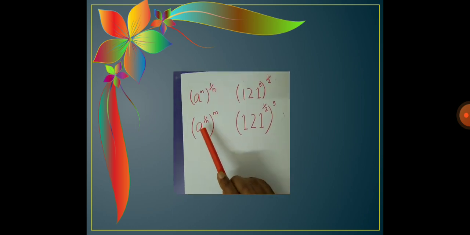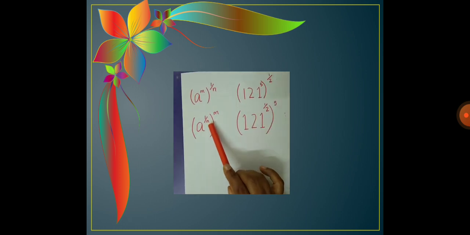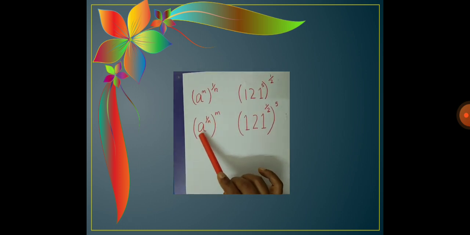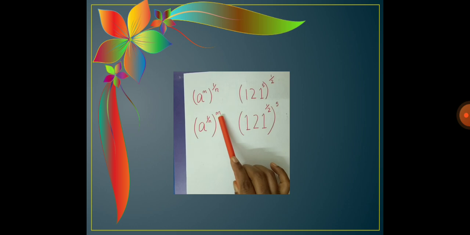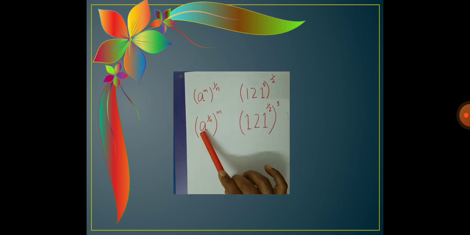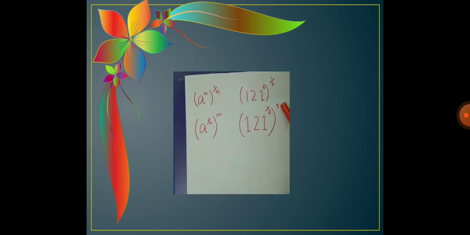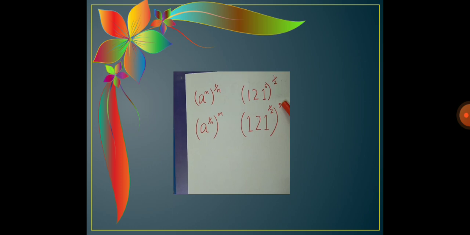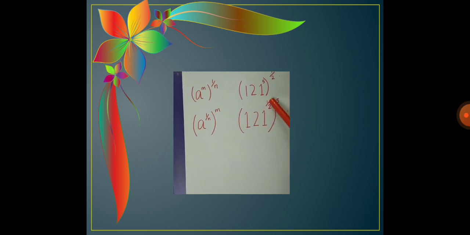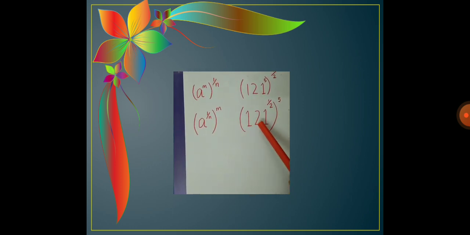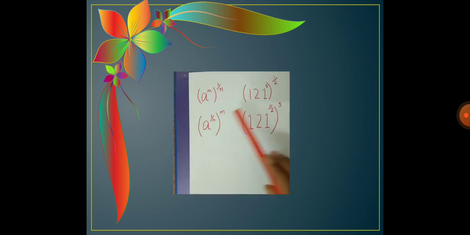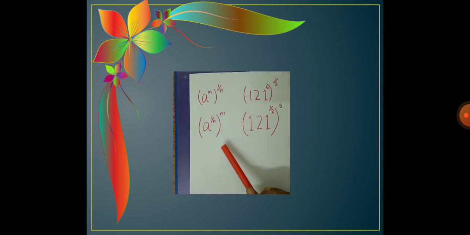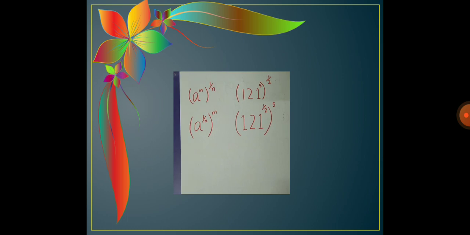Now the mth power of the nth root of a: the fifth power of the square root of 121. So now you have identified how to write it. Is it easy, students? Yes.